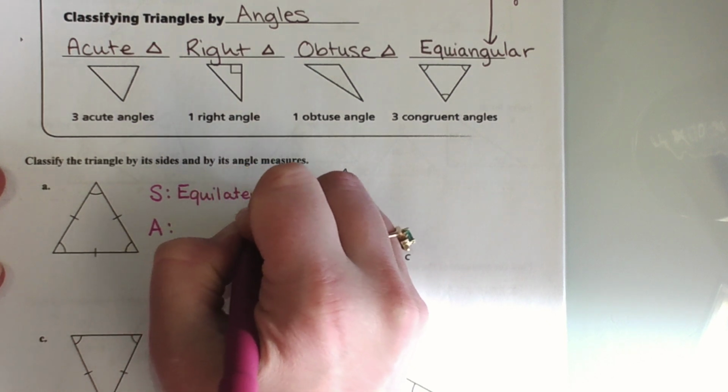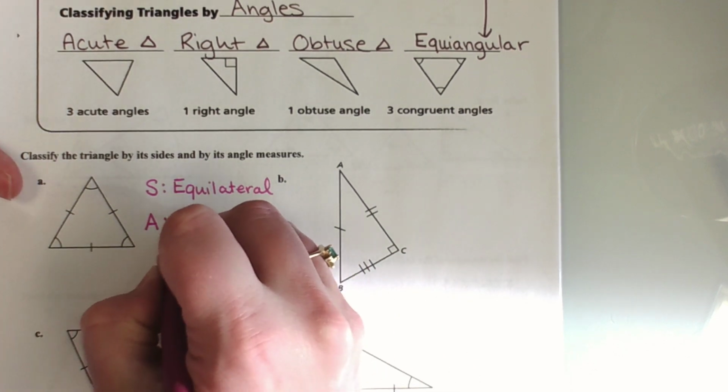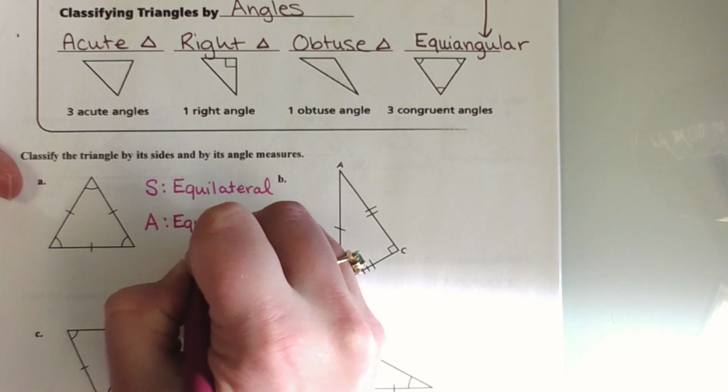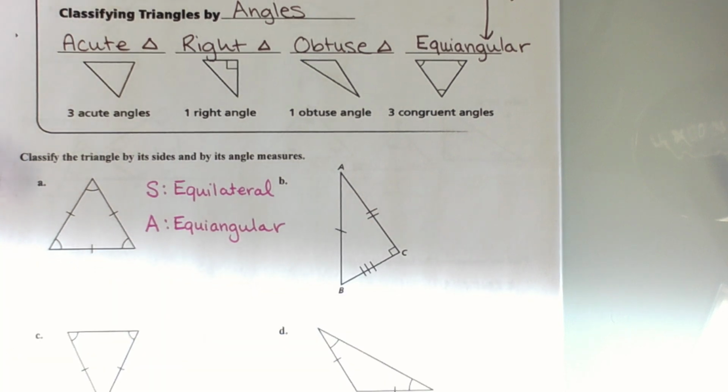Let's write the whole word every time. So, we got equilateral. And if it's equilateral, then by angles it is equiangular.